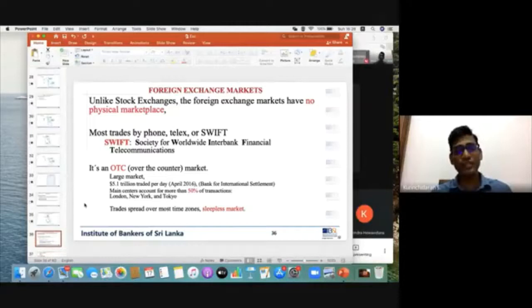The major markets are London, New York, and Tokyo. Trading happens worldwide, 24 hours a day, because it may be a holiday in Sri Lanka but a working day in other countries, or night in Sri Lanka and day elsewhere. So it's a sleepless market.